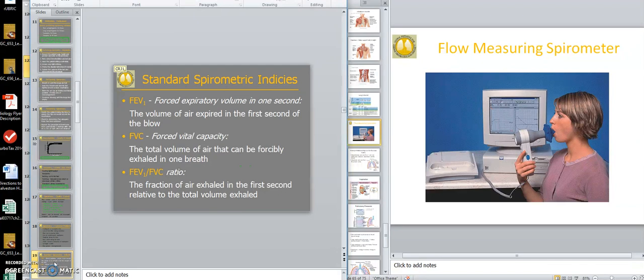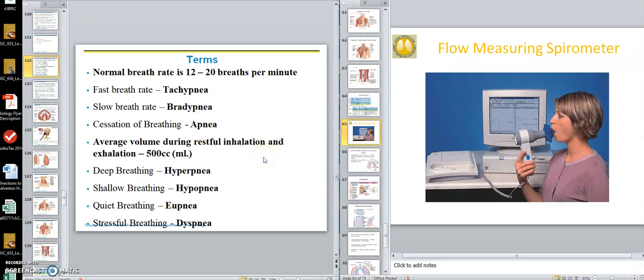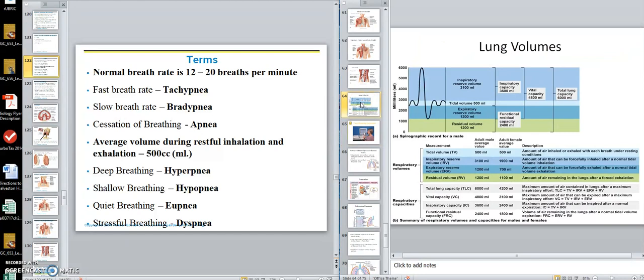I may do that at the end in my path, so I'll consider that. But anyway, this particular device you would blow into. When you blow into it, these are the volumes that we can get. So let's describe our volumes, and then we can put it all together.